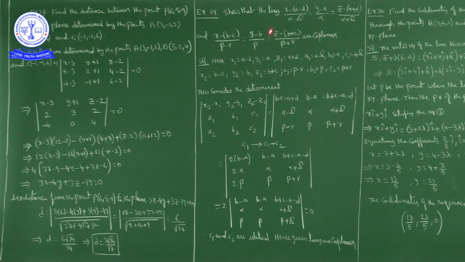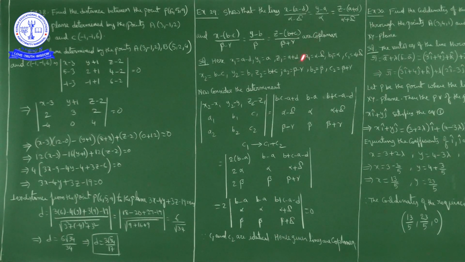Show that the lines (x minus (a minus d))/(alpha minus delta) is equal to (y minus a)/alpha is equal to (z minus (a plus d))/(alpha plus delta). This is one line, and the line (x minus (b minus c))/(beta minus gamma) is equal to (y minus b)/beta is equal to (z minus (b plus c))/(beta plus gamma).